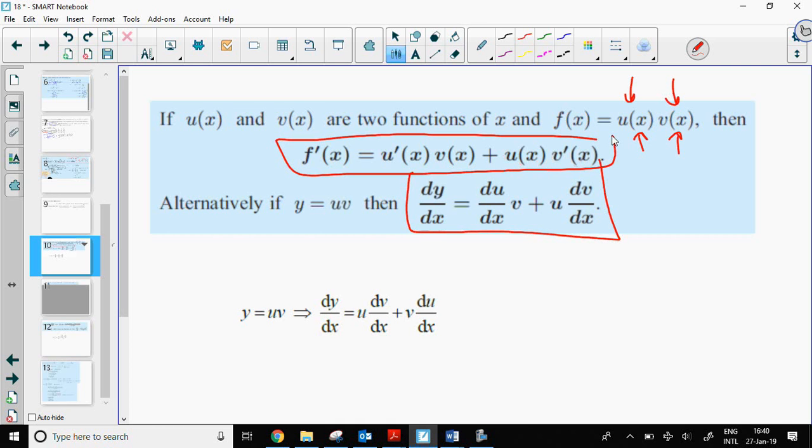So dy/dx is equal to du/dx times v plus u times dv/dx. It's exactly what it says in the line above. This is copied and pasted from your formula booklet, so they're going to use the dv's and du's, etc. But other than that, this formula is fine.